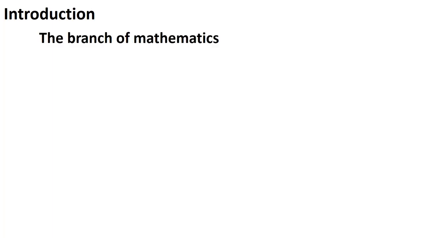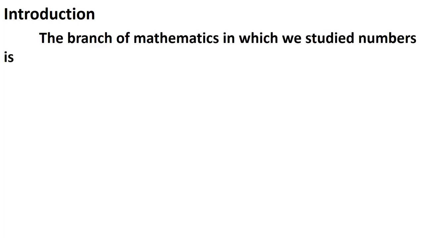The branch of mathematics in which we study numbers is arithmetic. You have learned about numbers in maths. That branch of mathematics is known as arithmetic, in which we study about numbers.